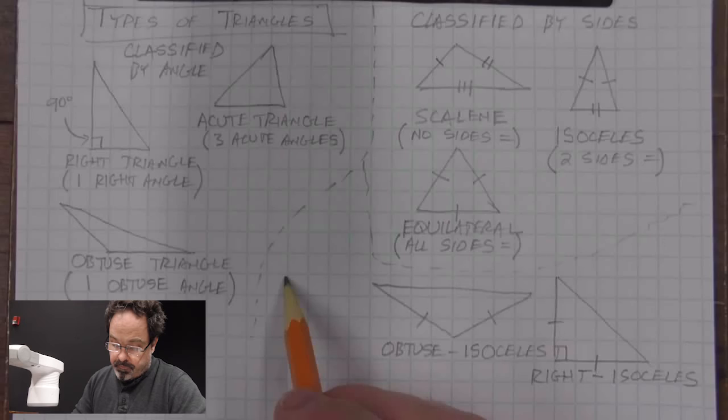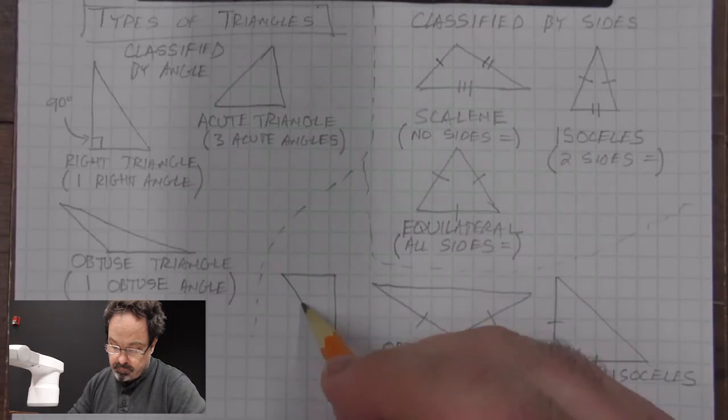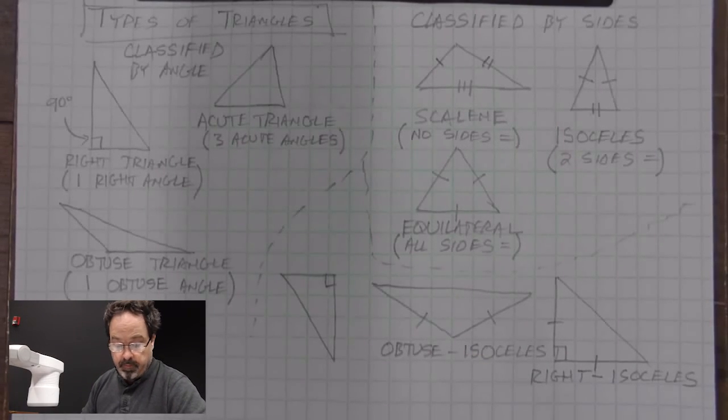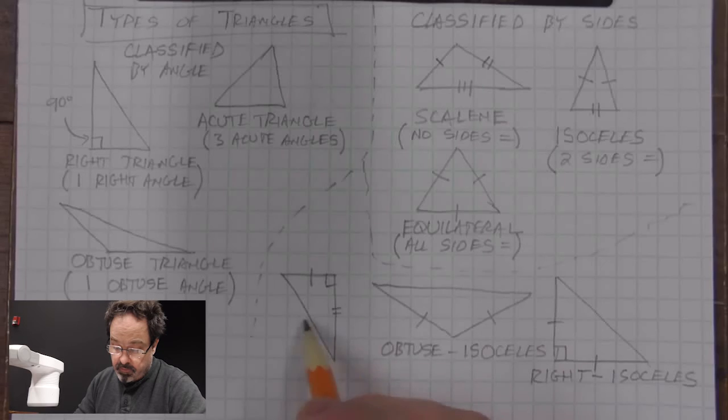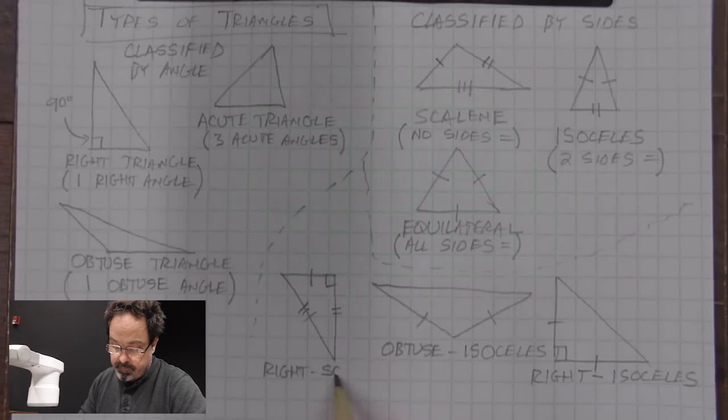One more example, a right triangle, a triangle with a right angle, but no sides being equal, could be called a right scalene.